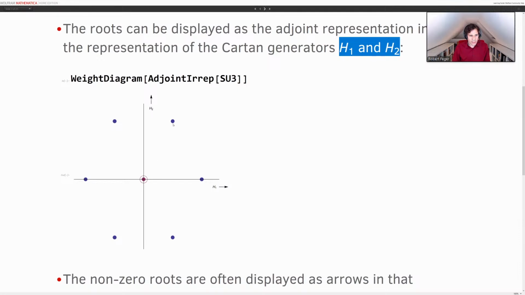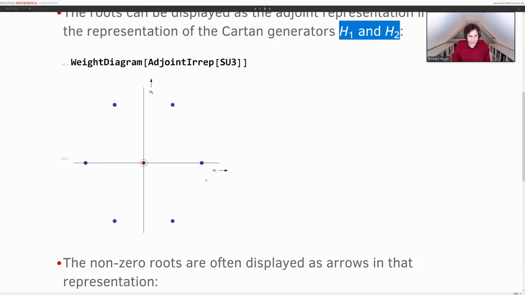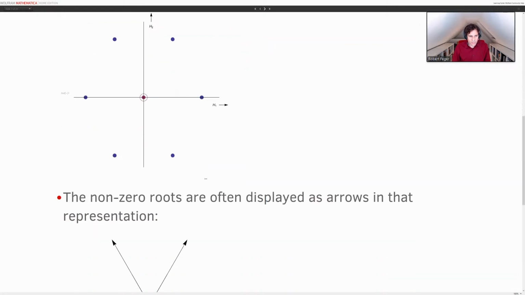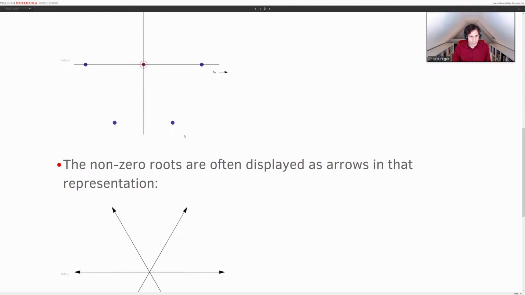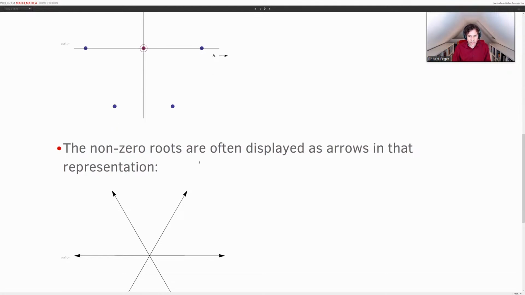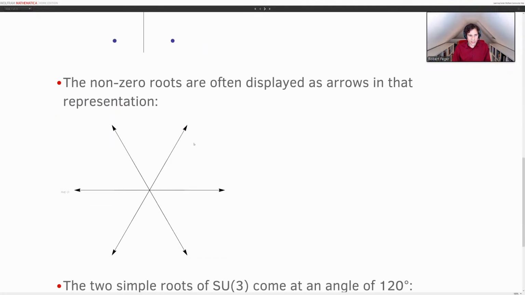So here you see the two zero roots, and they are indicated by a dot and a circle showing that there are two, so the degeneracy of two, and the blue ones are all the other roots. The non-zero roots are often also displayed as arrows in that representation.